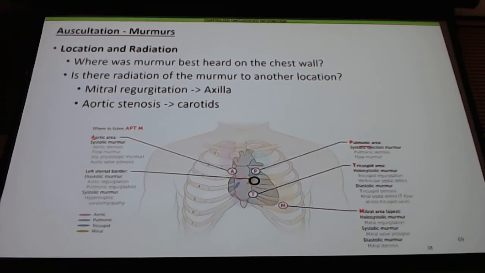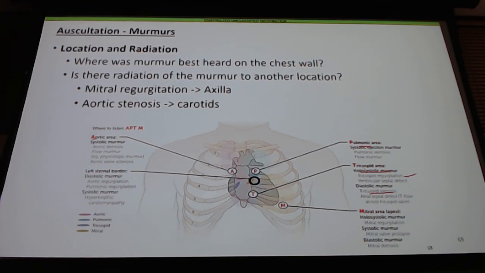Okay. When I go down to the tricuspid area, I have both systolic and diastolic murmurs. If it's a holosystolic murmur, then I'm thinking that this is a tricuspid regurgitation. If I have a diastolic murmur when that valve should be open, then I'm thinking of a tricuspid stenosis.